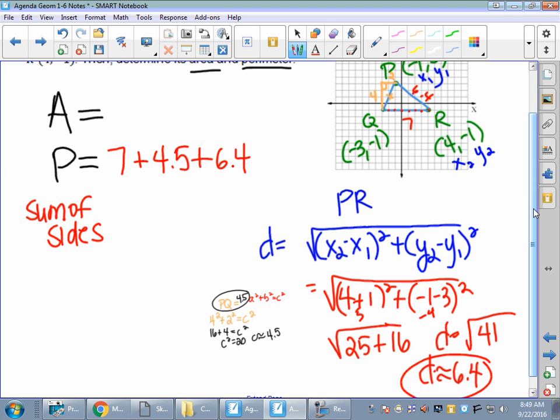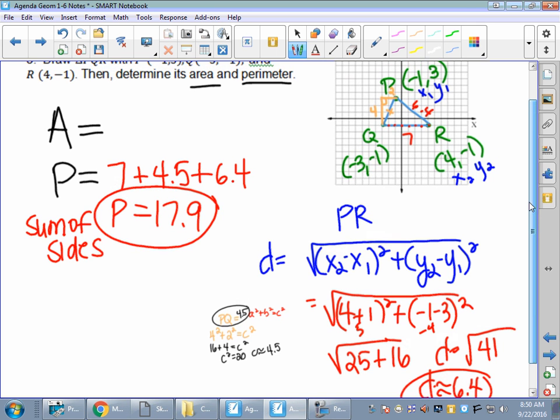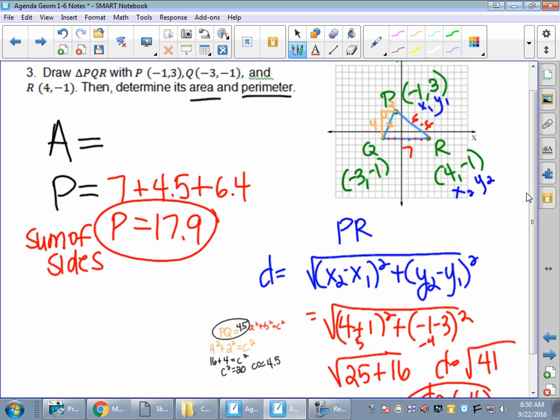Area is a little bit easier, especially in this problem. So that gives me a perimeter of 17.9. I don't have any units. I could say units, I guess. This is a lot of work, I do recognize that, and it's a lot of bits and pieces that you have to keep track of.